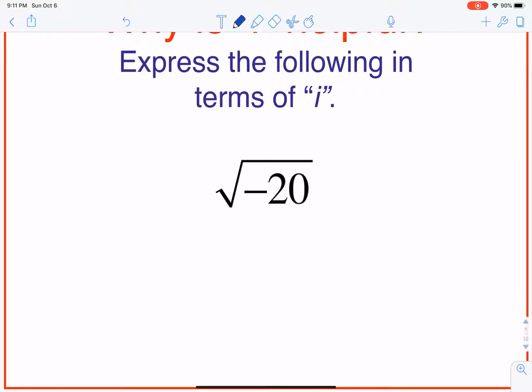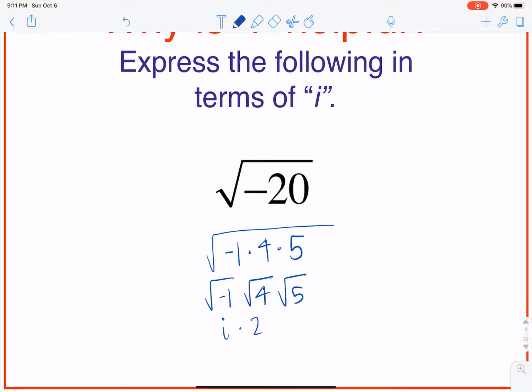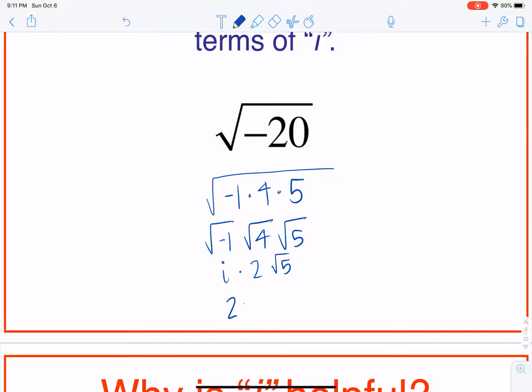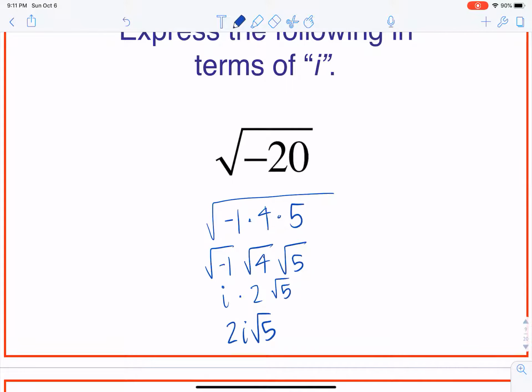So looking at the square root of negative 20, I know that this is really like negative 1 times 4 times 5, or the square root of negative 1 times the square root of 4 times 5. So here, this piece is i, this piece is 2, and I still have the square root of 5. So this simplifies down to 2i square root of 5, which again is a little bit nicer to work with.